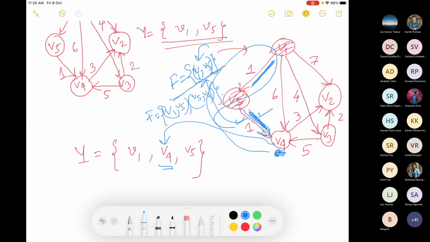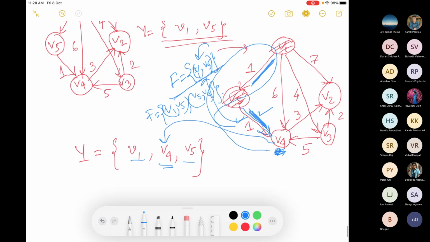So we add V4 after checking the edge, right? Then why do you check the edge again after adding it to Y? Come again. I mean, we add V4 to Y after checking the edge V5, V4. No, we are checking shortest paths from V1 to everyone using only the intermediate vertices V1 and V5.